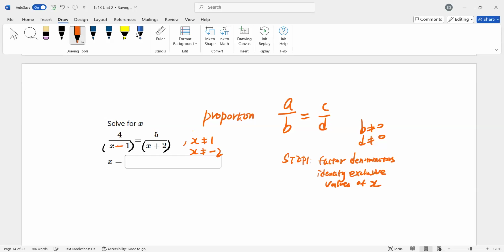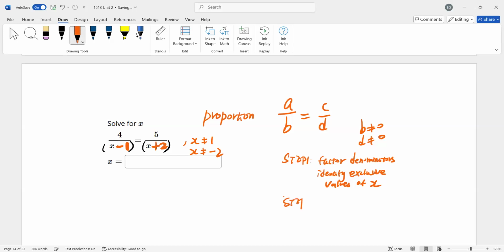How do you know? -1 here is the number with x. Its opposite, the positive one, is the exclusive value. Same thing here, x plus 2, so its opposite -2 is the exclusive value, right? So that is step 1. Identify the exclusive values for x.